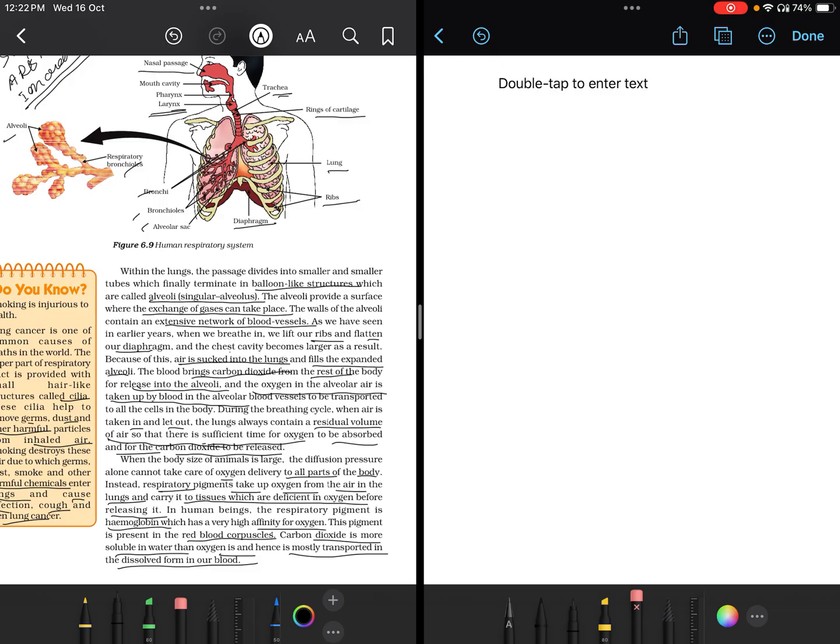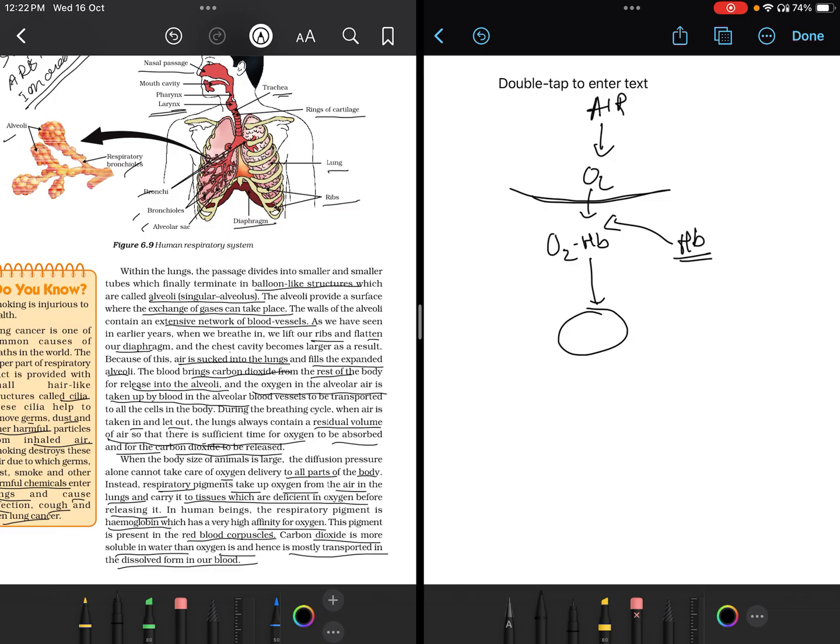Now, you see, from air, oxygen is there. Oxygen gaseous exchange takes place in the alveoli with the hemoglobin. Hemoglobin is Hb. Okay, hemoglobin comes and this forms oxyhemoglobin. It goes to the cells in various body parts.